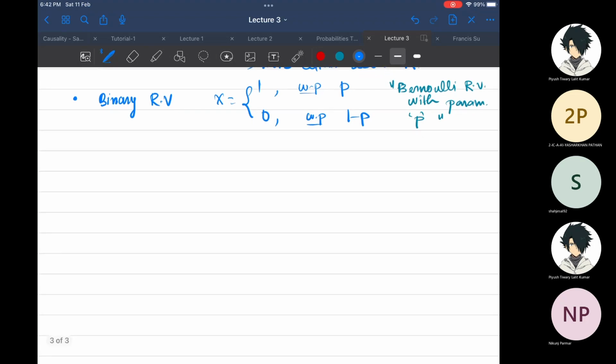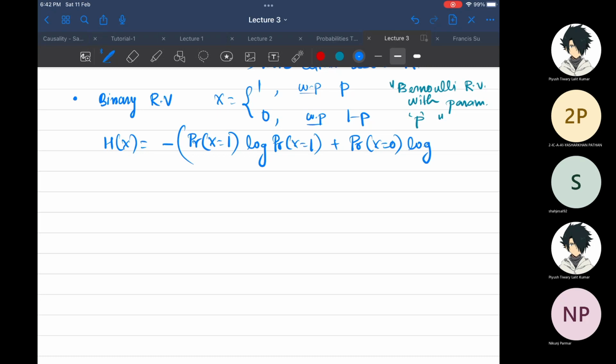So what is the entropy of a binary random variable? It's a simple exercise. It is the negative sum of probability of x equal to 1 times log of probability of x equal to 1, plus probability of x equal to 0 times log of probability of x equal to 0.